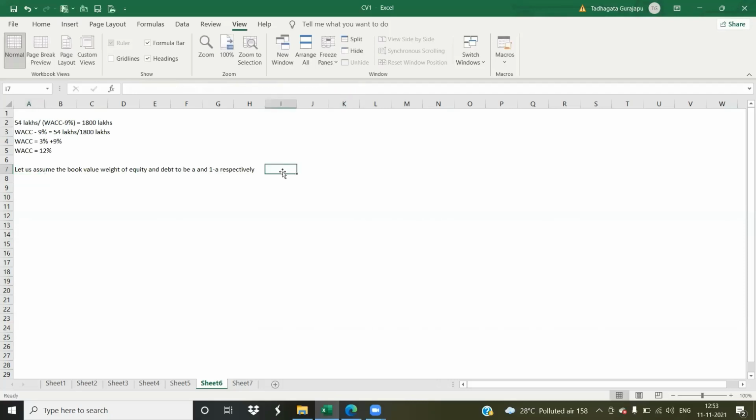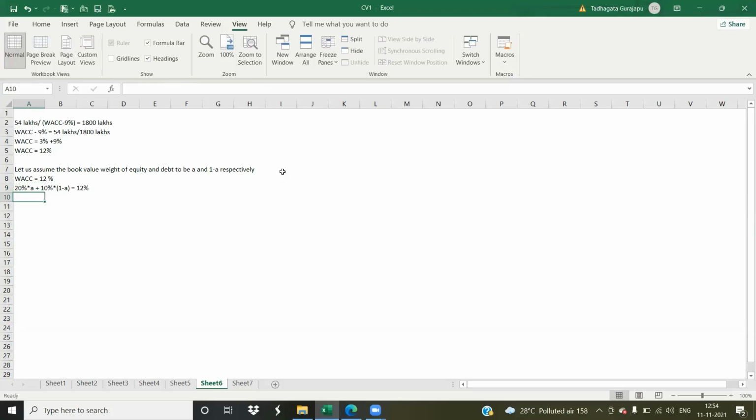Okay, so WACC is equal to 12%. So 20% into A plus 10% into (1 minus A) is equal to 12%, right?